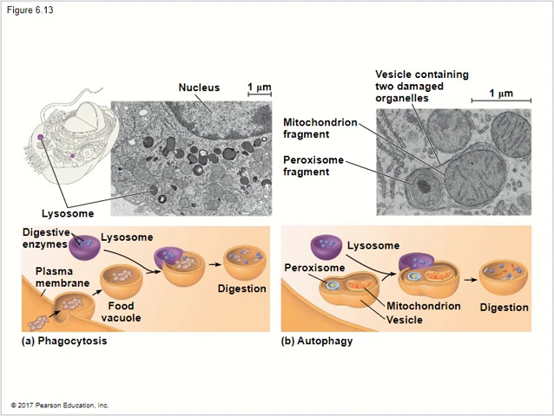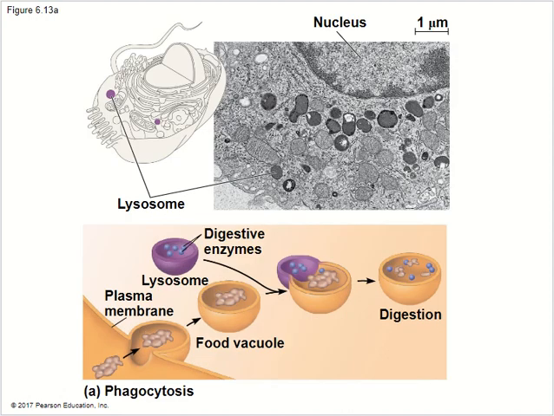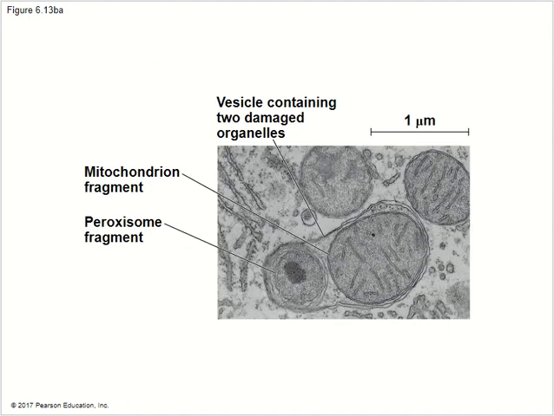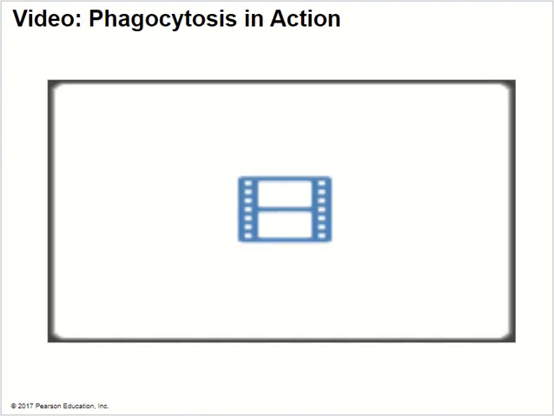Or, when it comes time to recycle an organelle that's no longer functioning, peroxisomes can enter, as well as lysosome enzymes, helping digest the material, and then it can be reused later. Fascinating. Apparently the peroxisome was a damaged organelle that was being digested as well.